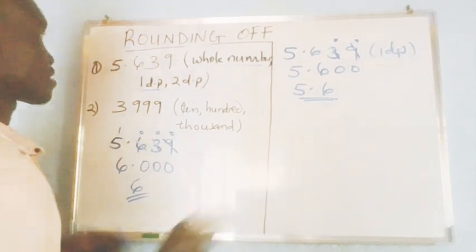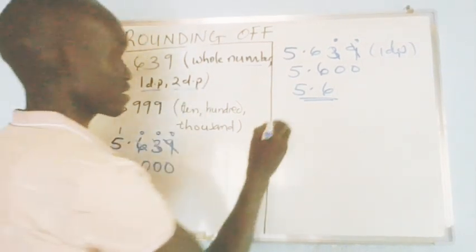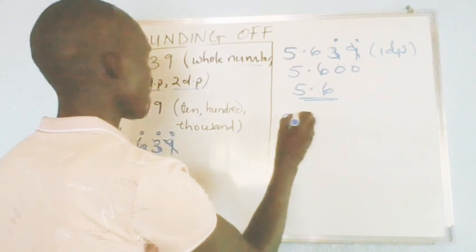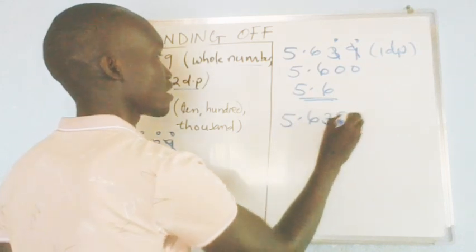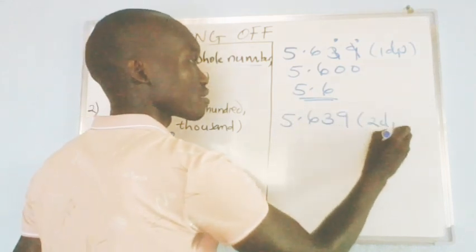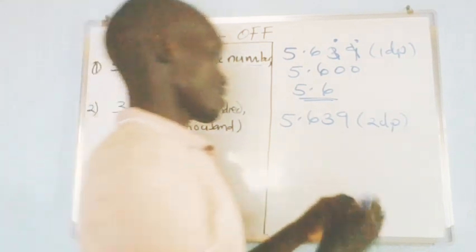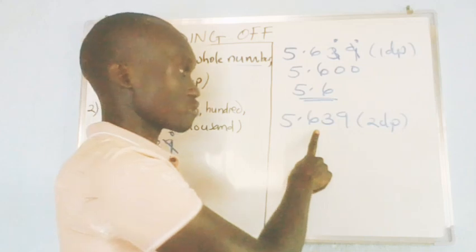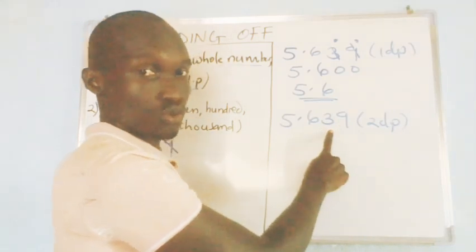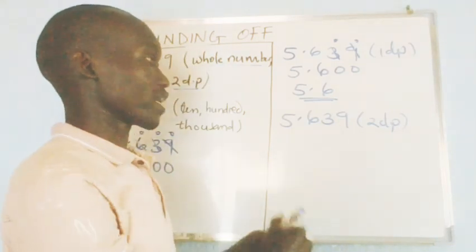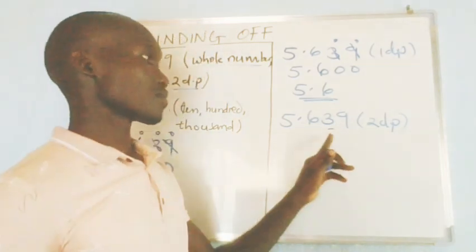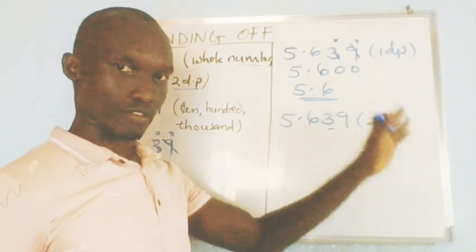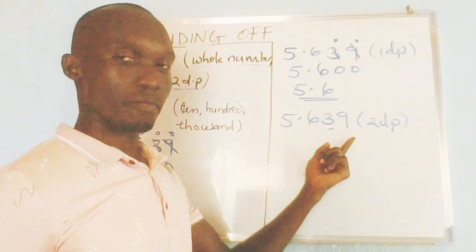And also asked to round the same number to 2 decimal places. Now this time we're going to have 5.639 to 2 decimal places. Now 5 is the whole number, 6 is to 1 decimal place, and 3 is to 2 decimal places. Now we come and stand at 3, and then we look to the right of 3. The immediate number is 9.